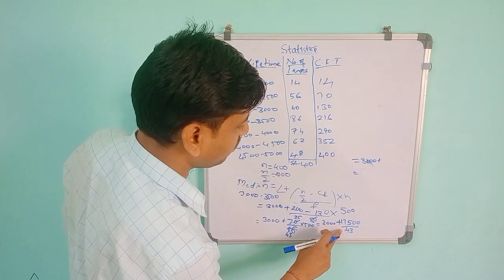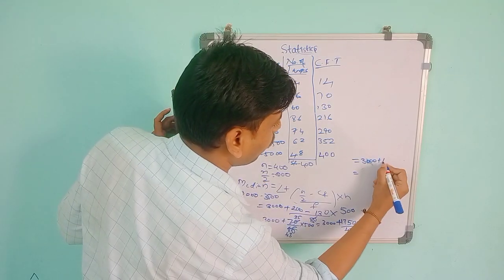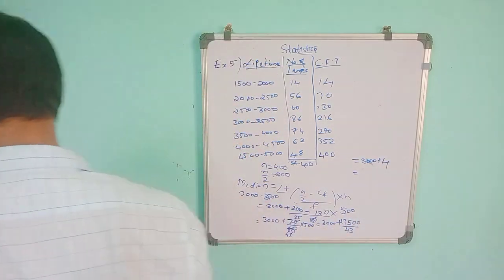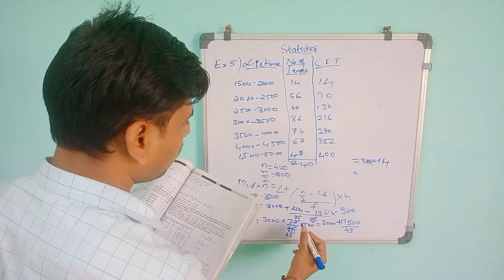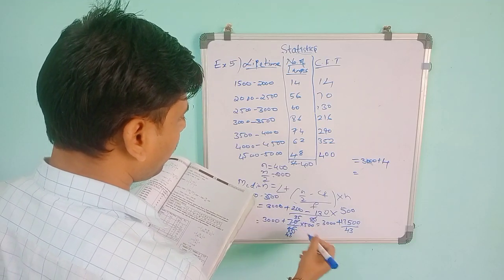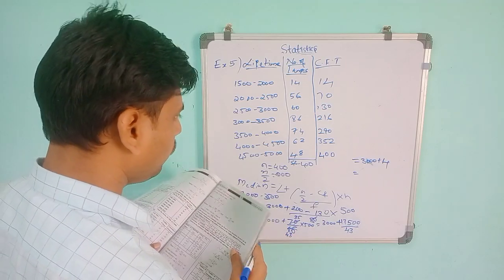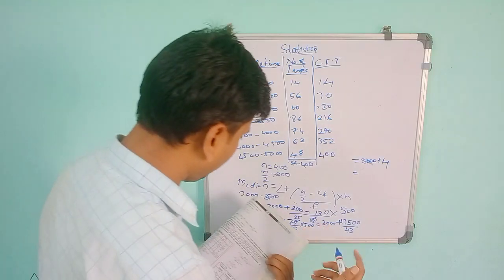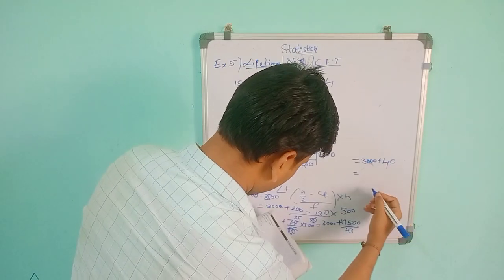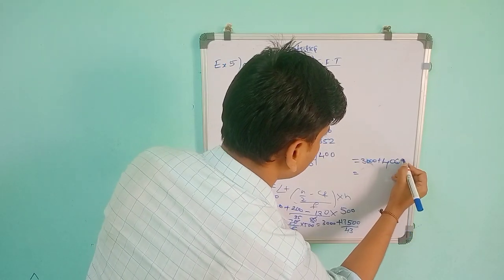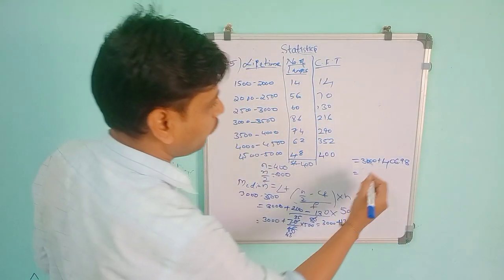If you do the calculation by the help of the 43 table, it will give 406.98.